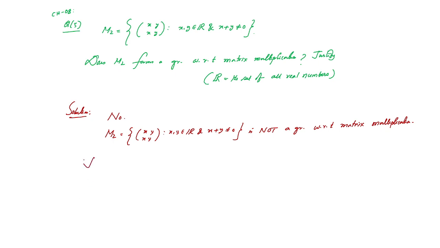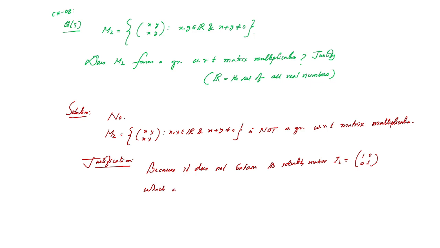Here we need justification. The justification is that it does not contain the identity matrix I2 equals [1, 0; 0, 1]. Why does it not contain it?